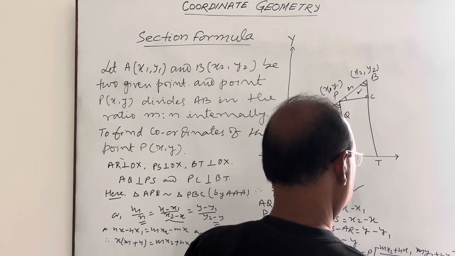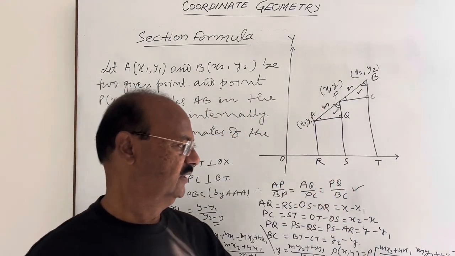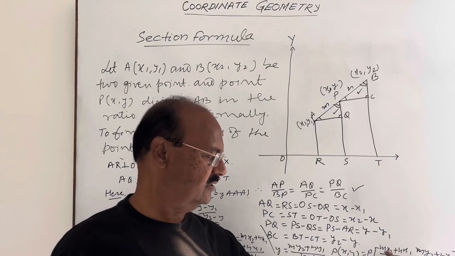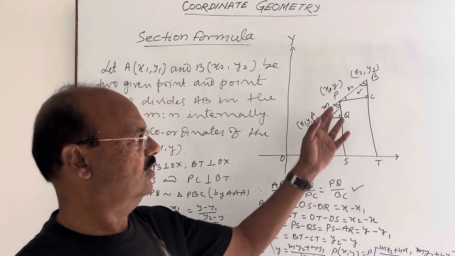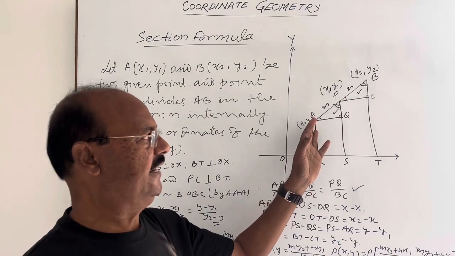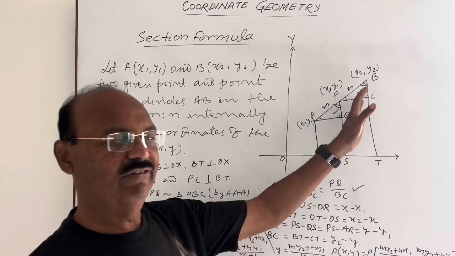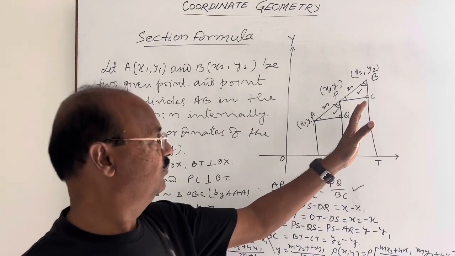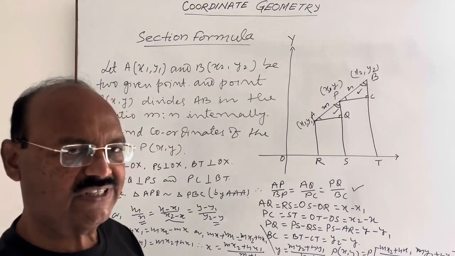So this is the result of the section formula. With the help of this formula, we can find out coordinates of any point which divides the line segment joining two given points in a given ratio. Simple.